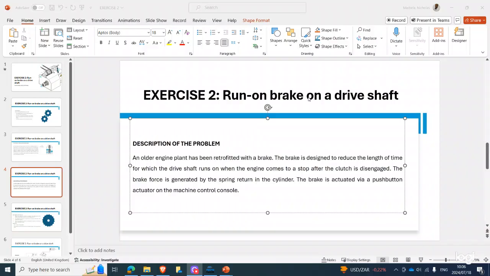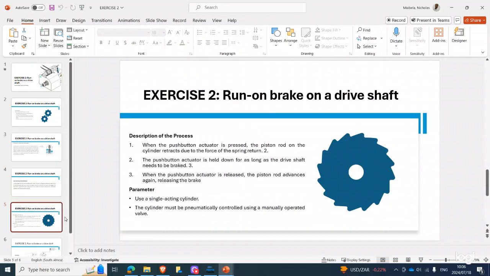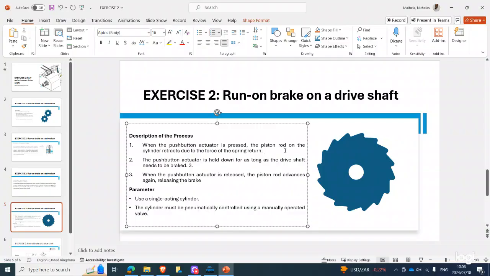Now we're going to move on to our description of the process. Look at statement number 1. They are saying that when the push button actuator is pressed, the piston rod on the cylinder retracts due to the force of the spring return.